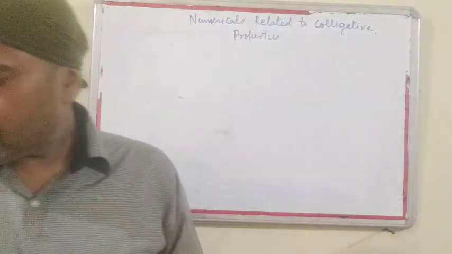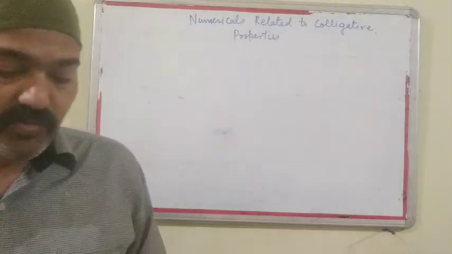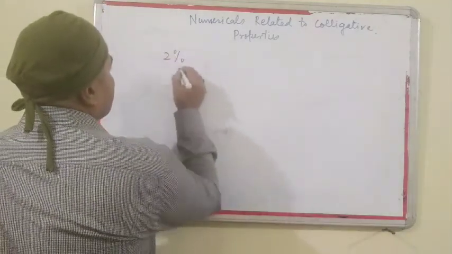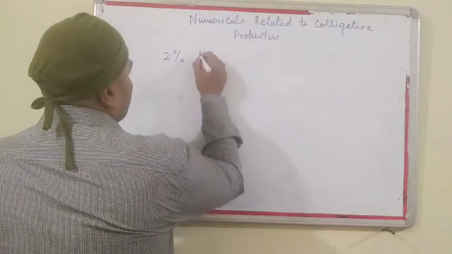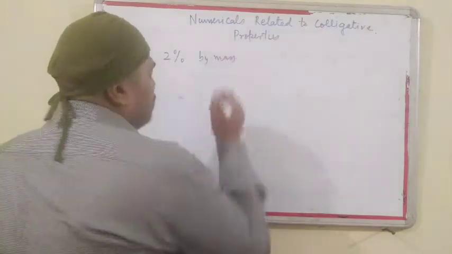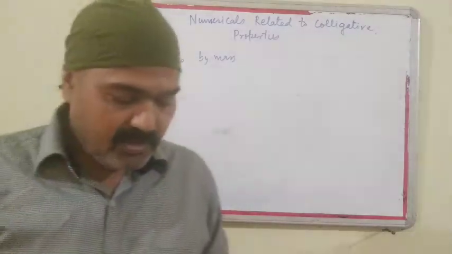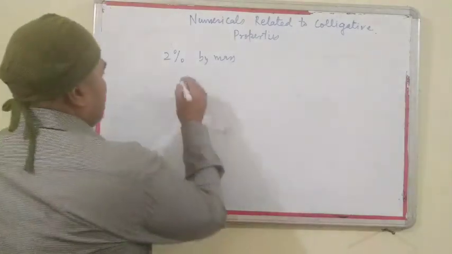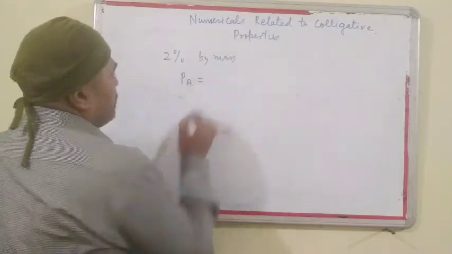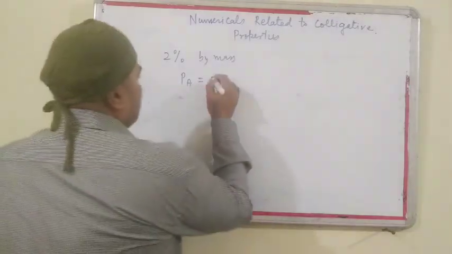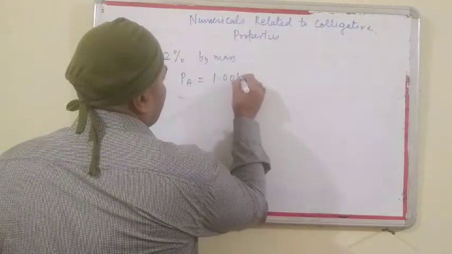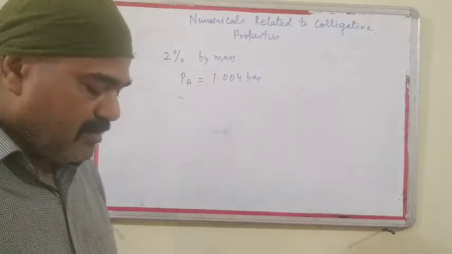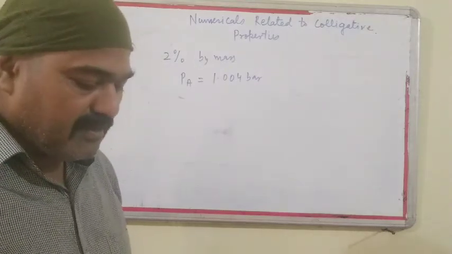an aqueous solution of 2% non-volatile solid by mass is given, and this exerts a vapor pressure of 1.004 bar, meaning the vapor pressure of the solution is PA, that is 1.004 bar, at the normal boiling point of the solvent.